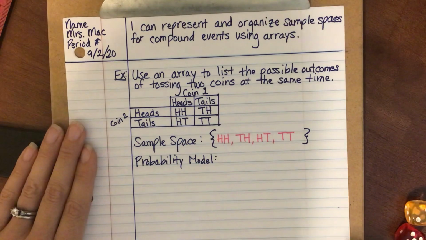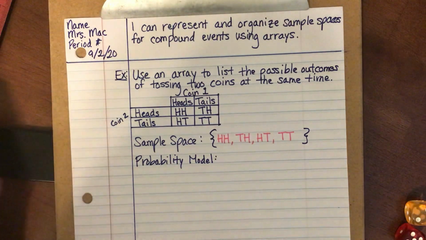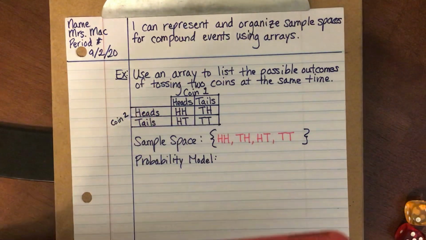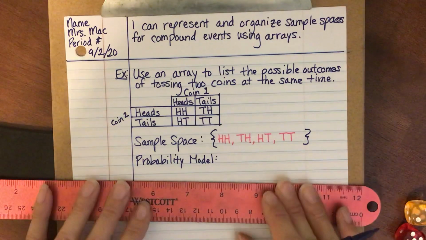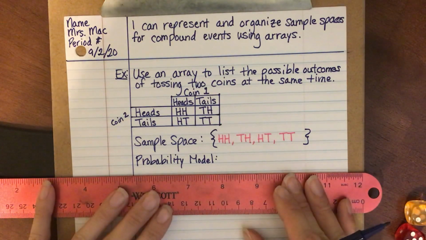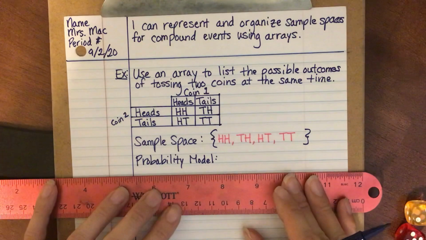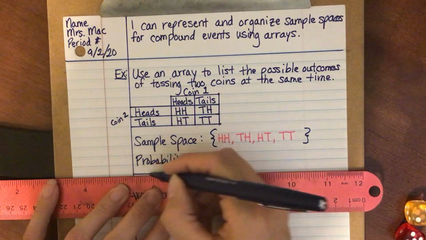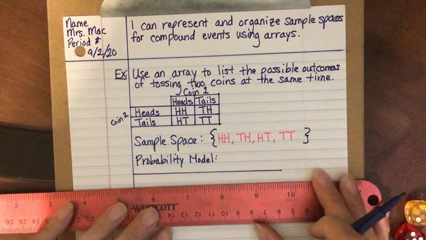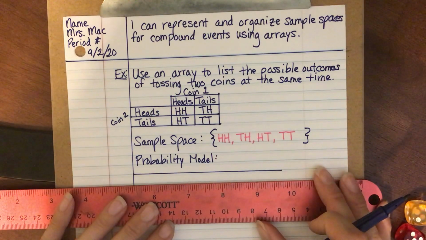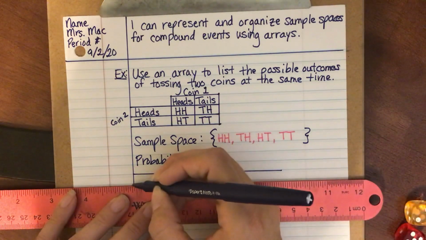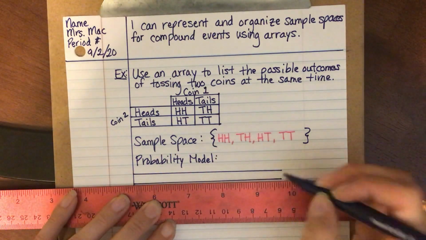Okay, so we're going to have our outcomes on the top, our probability on the bottom. I know it's been a few days since we've done probability models. You might be a little rusty. That's okay. We're going to get you back in the groove here.